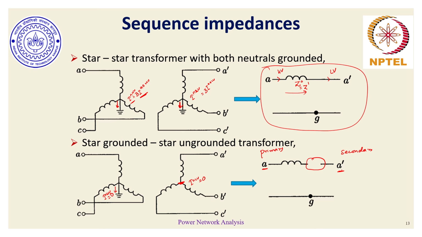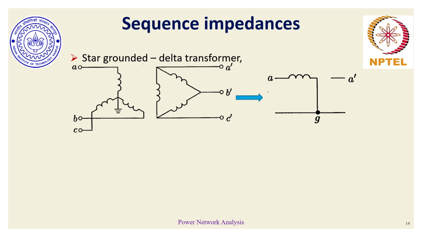The primary and secondary terminals in the zero sequence circuit for a three-phase transformer are unconnected for star grounded and star ungrounded, because here zero sequence current can't exit out of the terminals. For star grounded and delta configuration, the zero sequence current can exist because there is a path for the current to flow here. But on the secondary side, zero sequence current can't escape out of the terminals.